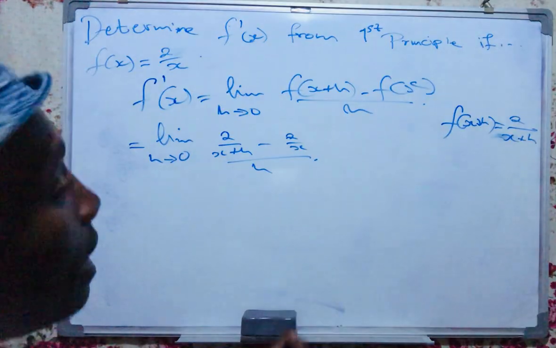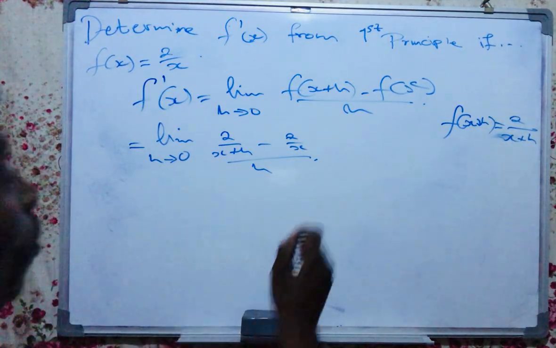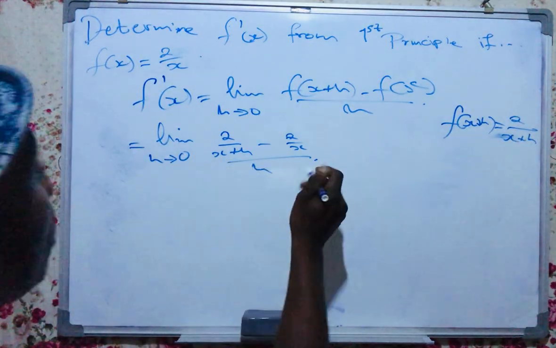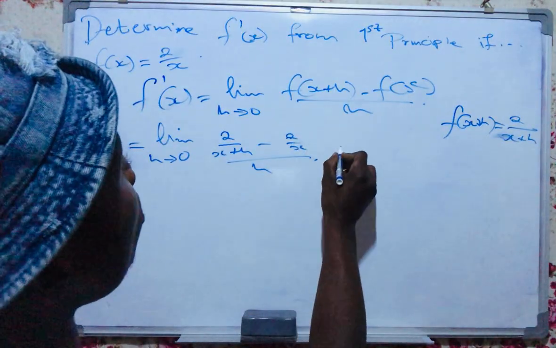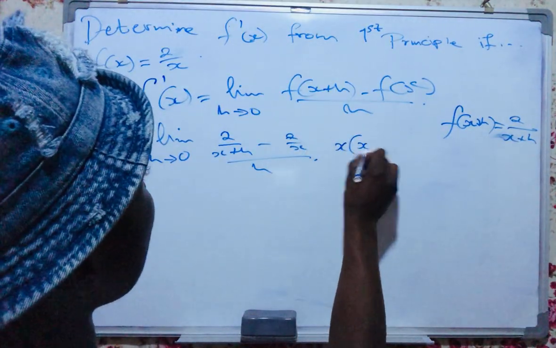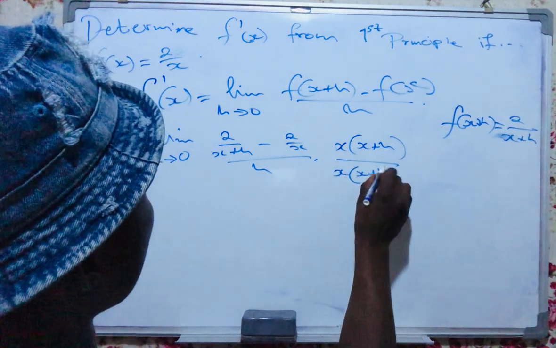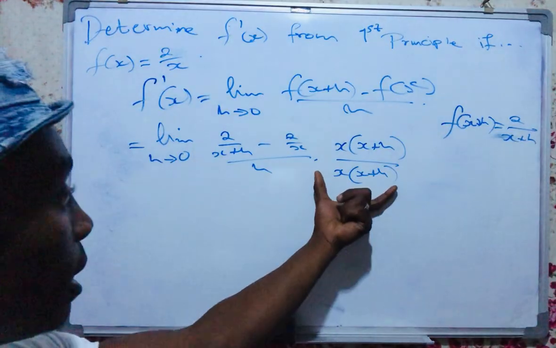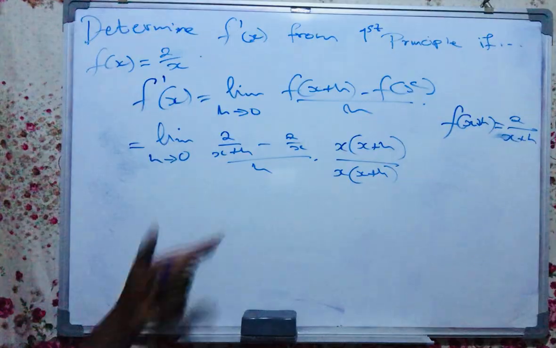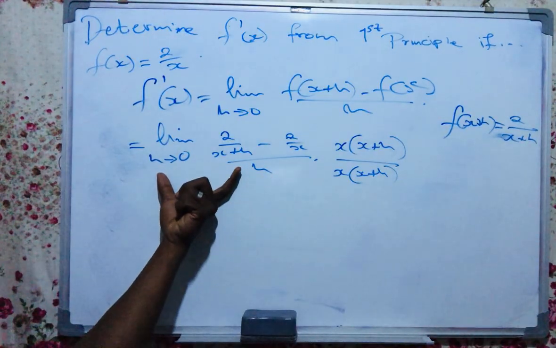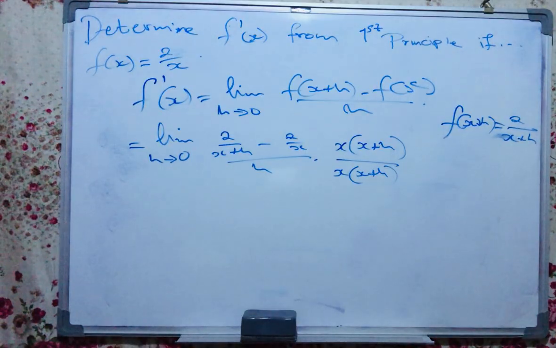So we will create a constant of 1 using these denominators. It will be x times x plus h divided by x times x plus h, because this is equal to 1. If we multiply it back, it will take us back to the original limit that we have there.